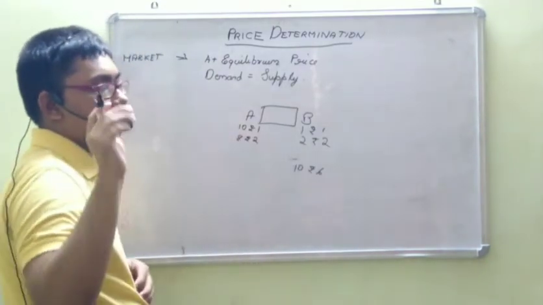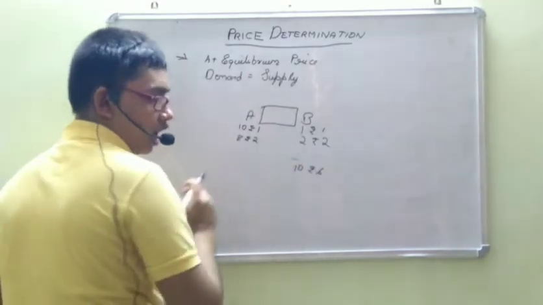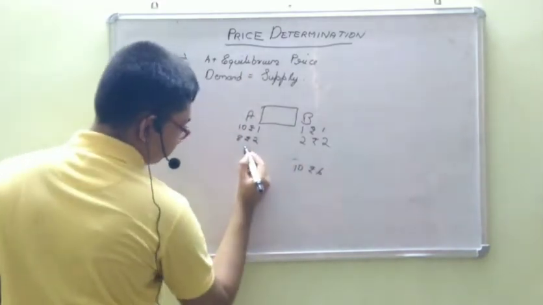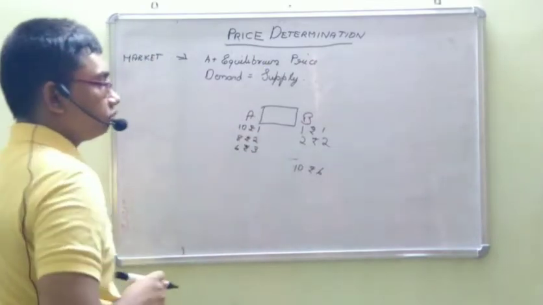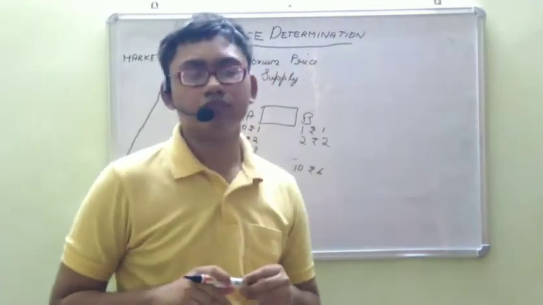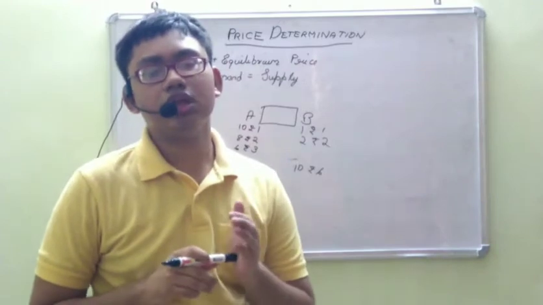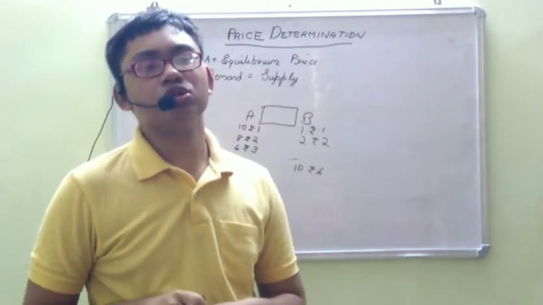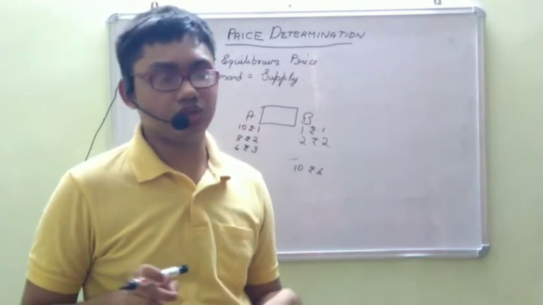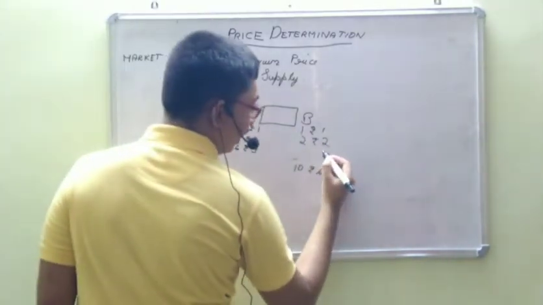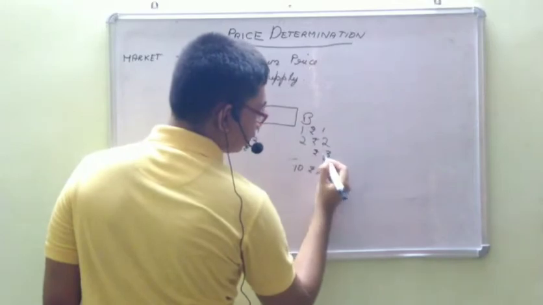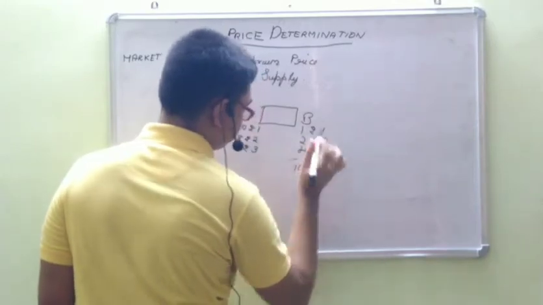Buyer will say, "Okay brother, I'll give you rupees 3 and you supply me 6 units." But the seller even now is not satisfied. "No brother, I don't think I can supply you 6 units for rupees 3. If you are okay, at rupees 3 I will supply you 4 units."